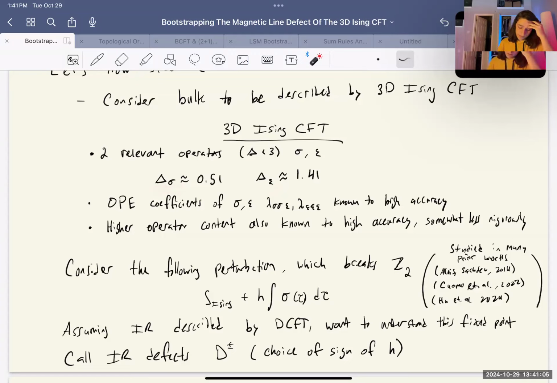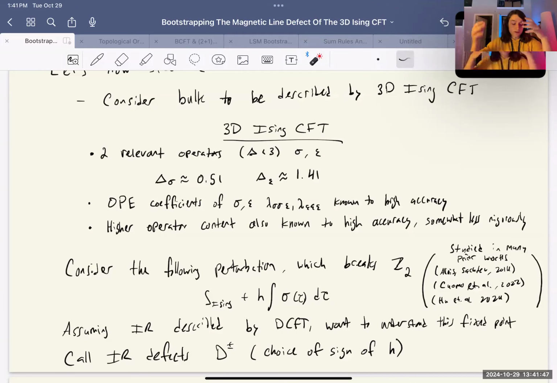At this point, much is known about the 3D Ising CFT from many past conformal bootstrap works. I haven't been very good about providing references, but these are by now pretty well known. The work that we're going to do in this project to understand the defect is going to essentially rely on all this stuff that's known in such a detailed way about the 3D Ising bulk.